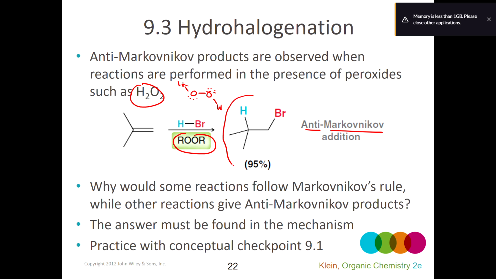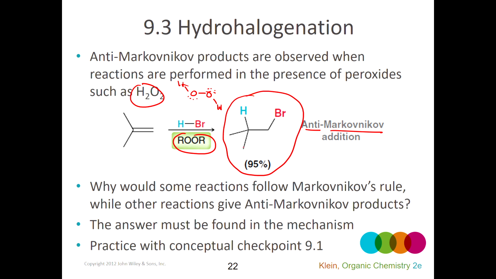You'll want to understand this reaction enough to be able to predict what the products will be. So you should memorize, at least, that if peroxides are present, you get the opposite regiochemical outcome from what you predicted based on the Markovnikov rule. We're not going to explain this reaction's mechanism until next semester.